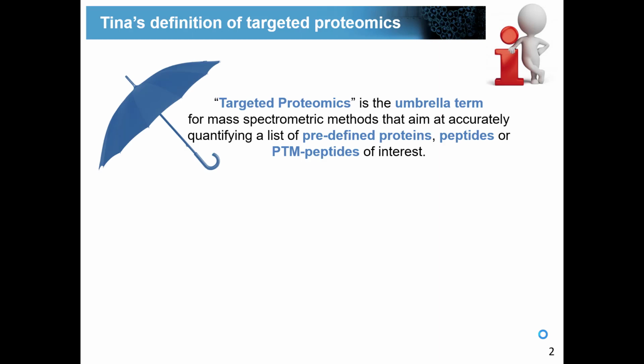I think targeted proteomics is an umbrella term for all mass spectrometric methods that aim at accurately quantifying analytes that you already know are interesting for your project. And these can be predefined proteins, peptides, or peptides carrying post-translational modifications.